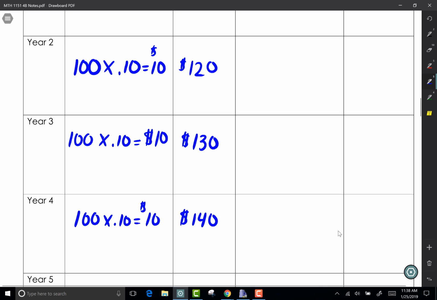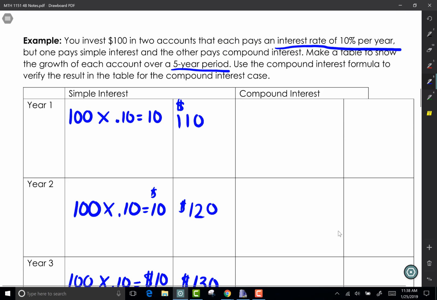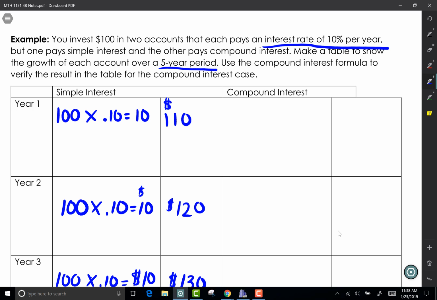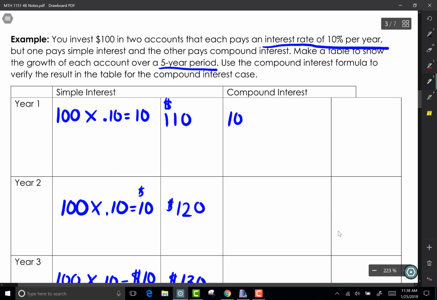Okay, now let's go back up and do the same thing for compound interest. And this is where you're going to start to see the difference. With compound interest, when we calculate the interest, we're calculating it on the previous interest and the principal. So if I start off with the $100 and I find 10% of $100, my first year, I have $110.